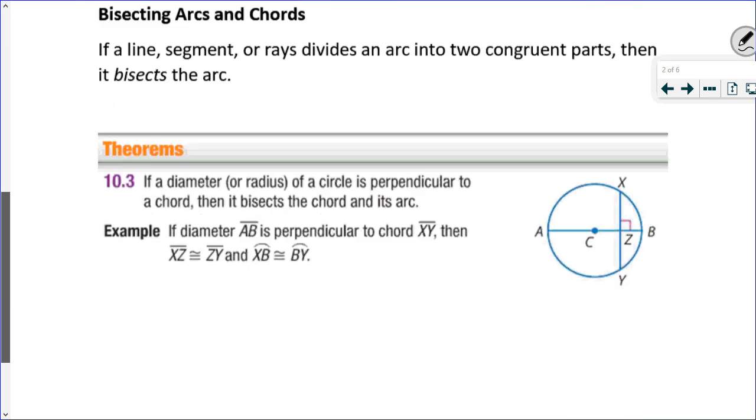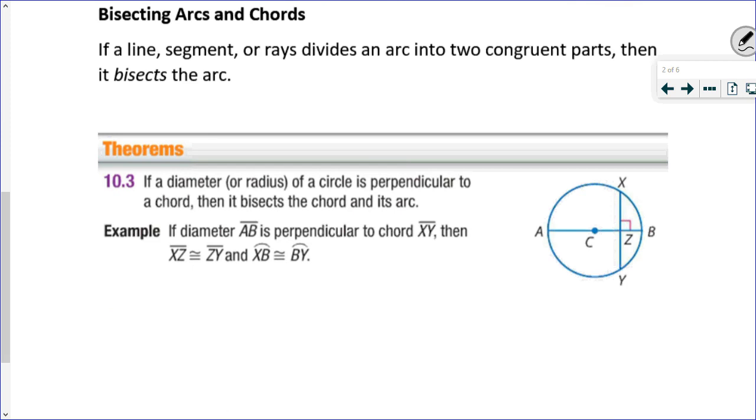So now we're going to talk about bisecting arcs and chords. If a line, segment, or ray divides an arc into two congruent parts, then it bisects the arc. That gives us theorem 10.3.